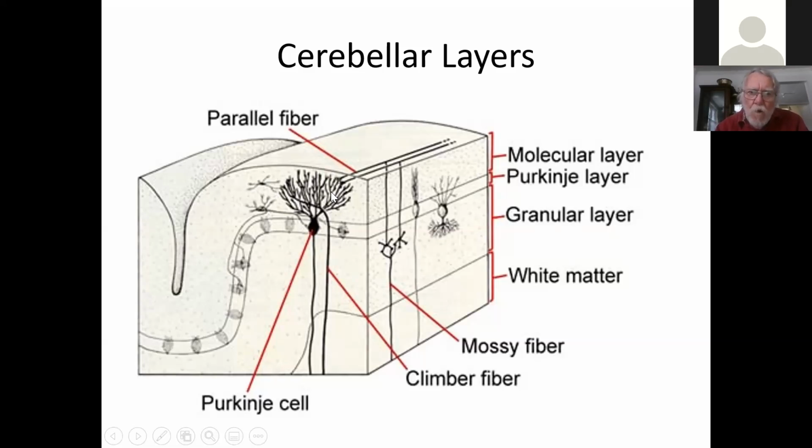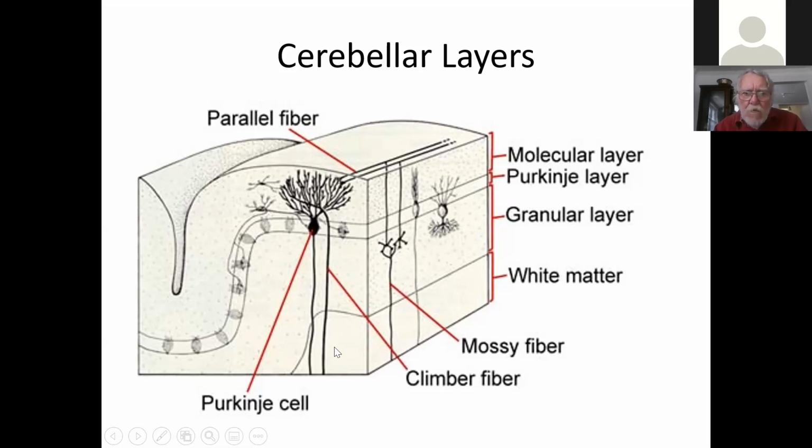So there's an enormous amount of places where you can get synapses of these Purkinje cells. Also, you have a very large axon that's going down into the deep cerebellar nuclei.